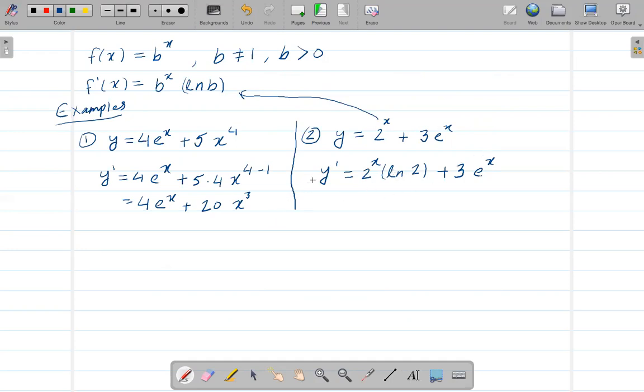Okay. Now let's talk about the derivative of the logarithmic function, or let's just say log function. Well, the first one, y is equal to natural log of x, right?